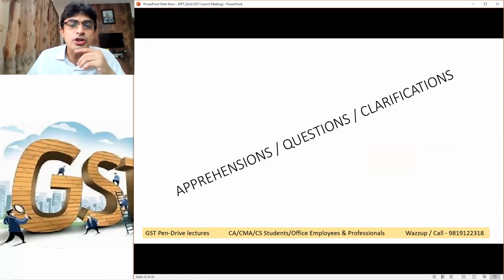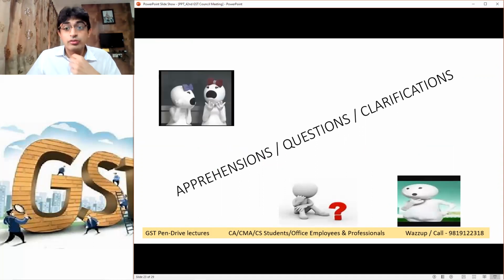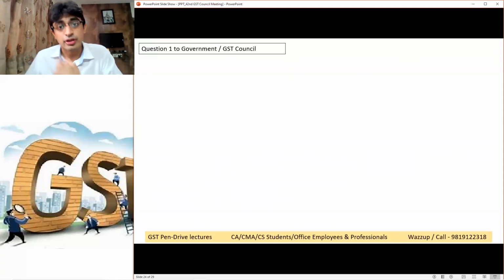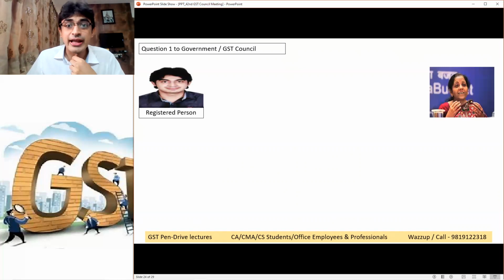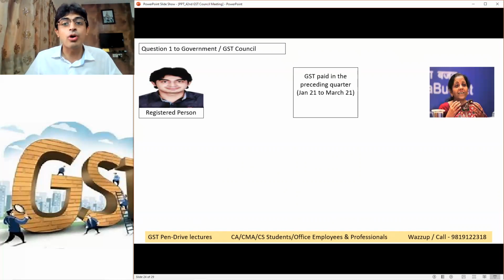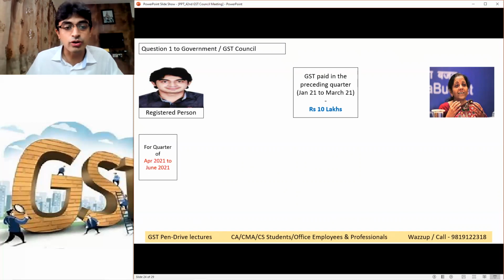Okay, now there are plenty of apprehensions, questions, clarifications in this, which we are sorting out with government. Hope they answer. Question one that I'm raising to government. See, there are a few questions that I'm raising. Question number one, my GST paid in the preceding quarter, say Jan to March, is rupees 10 lakh. So I paid rupees 10 lakh in the preceding quarter.